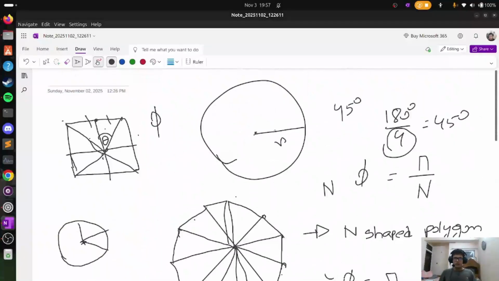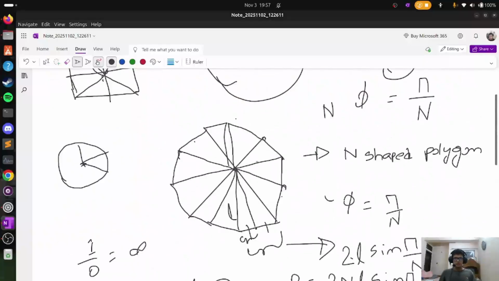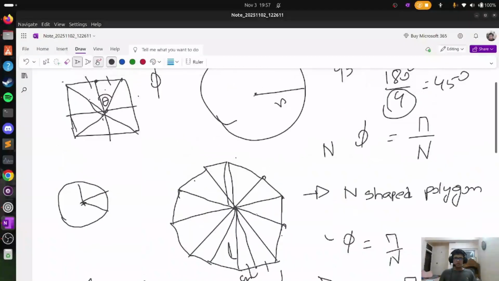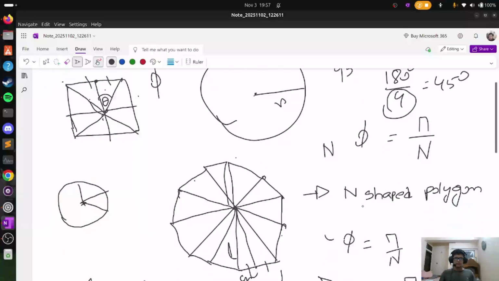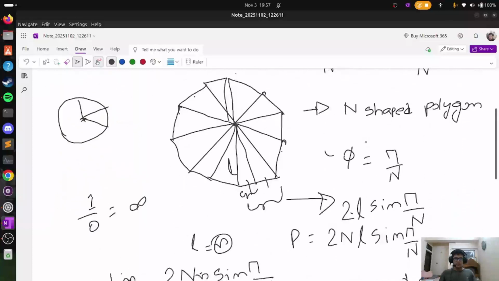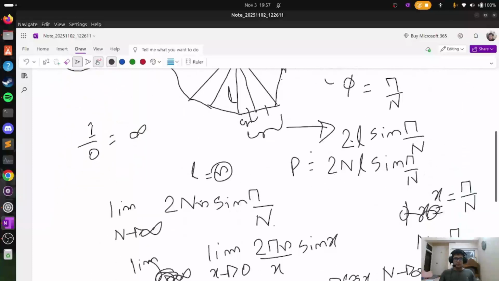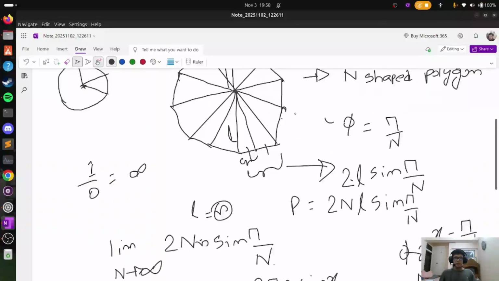Let's do a recap. So we drew an n-sided polygon. We figured out this angle phi here, and we figured out that phi is pi by n, and then we figured out the perimeter of an n-sided polygon to be 2n L sine pi by n.